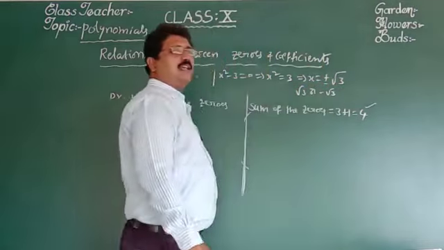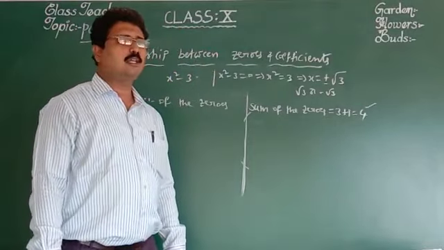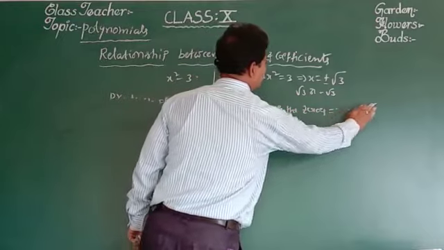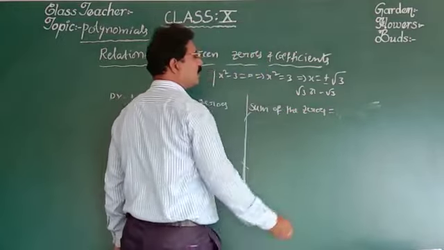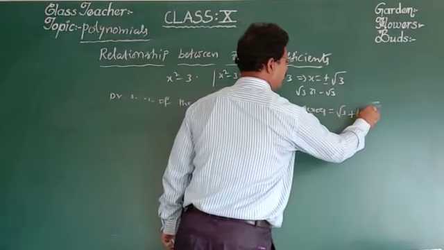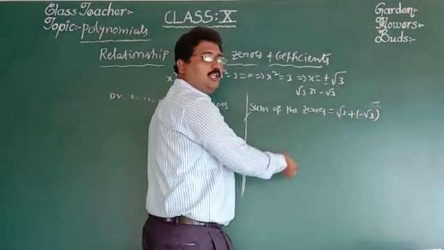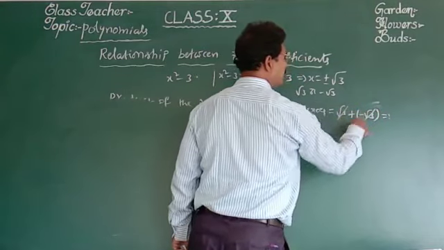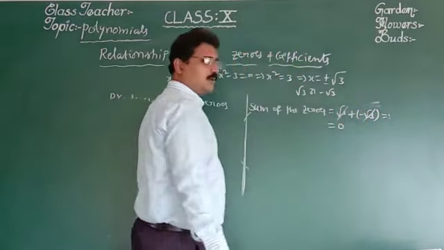Now we have to verify the relationship between zeros and the coefficients. Sum of the zeros is equal to what? Root 3 plus minus root 3. Root 3 minus root 3 cancel, which is equal to 0.